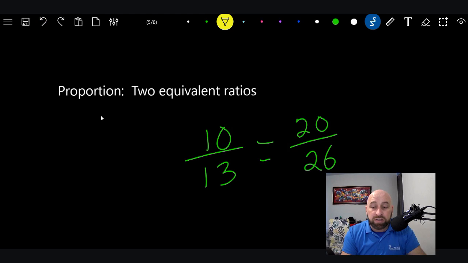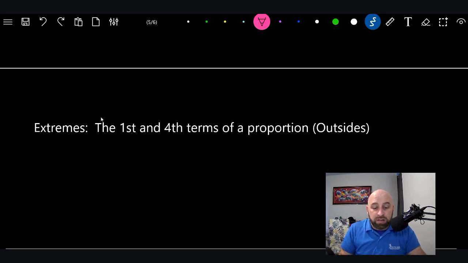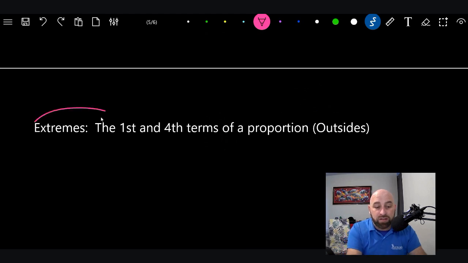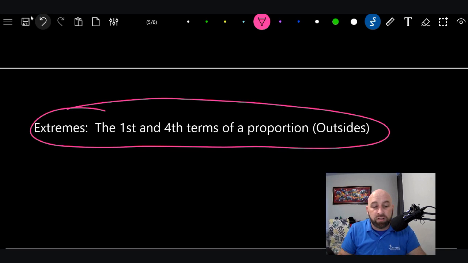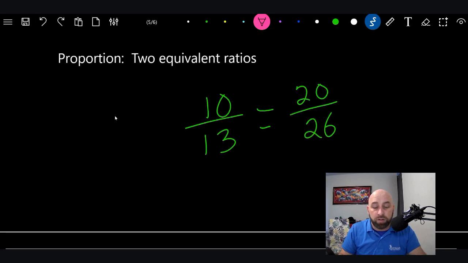Now, I want you to see something, and this is super, super important for the next few lessons for you to understand. The next two things that we're going to talk about are the extremes, and those are the first and fourth terms of the proportion. So let's think of it this way.